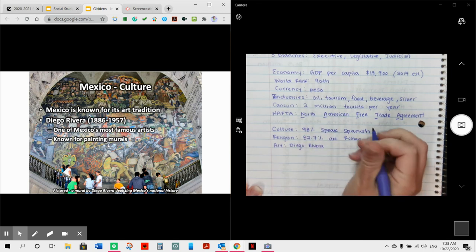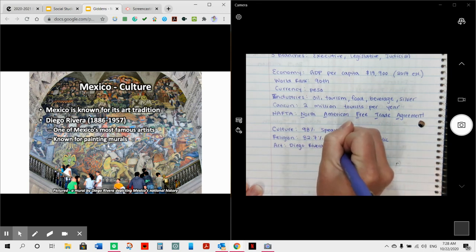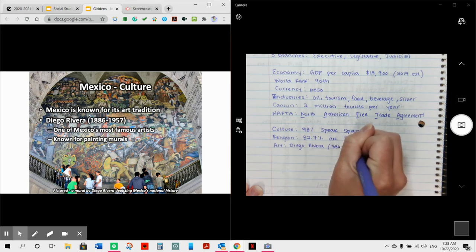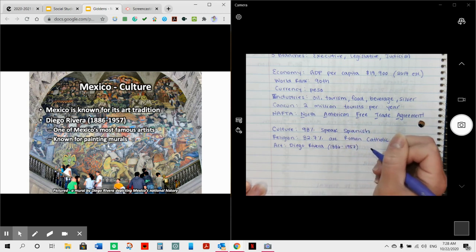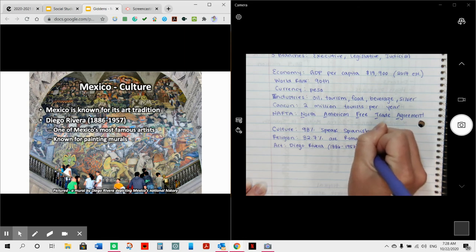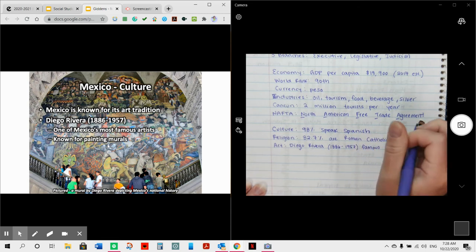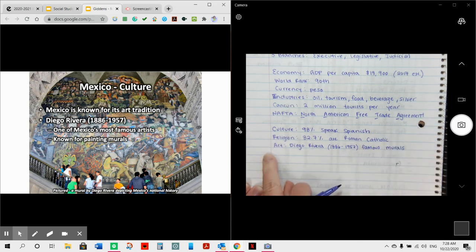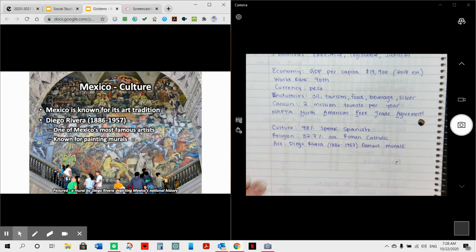And then we're going to write the years when he was born, 1886 to 1957. And then we're going to say famous mural artist. Actually, we can just write murals. Diego Rivera, 1886 to 1957, famous murals.